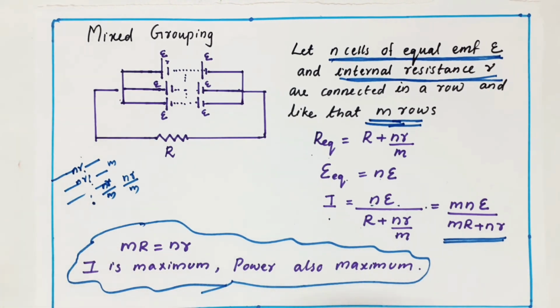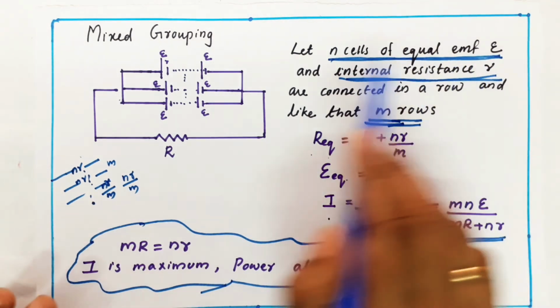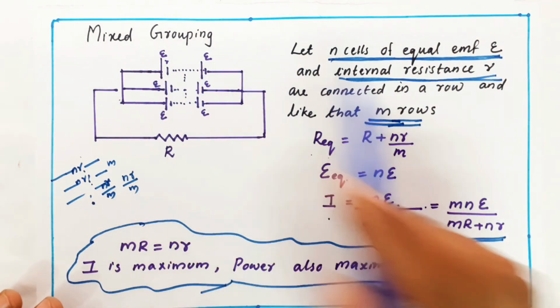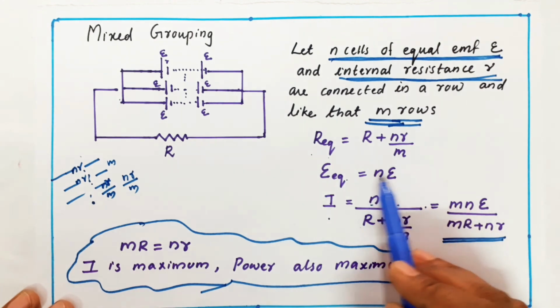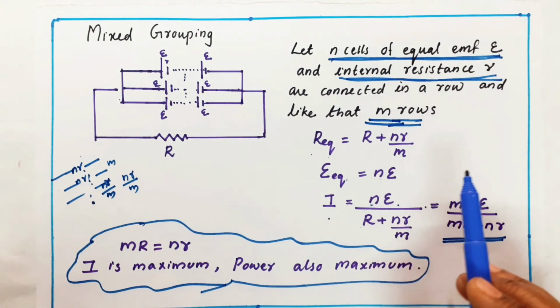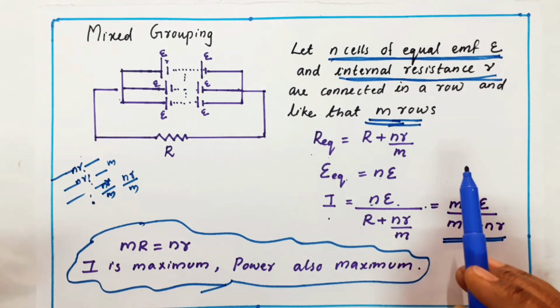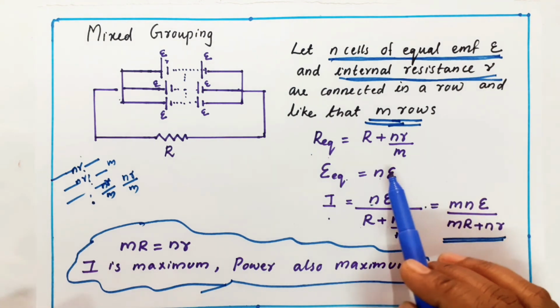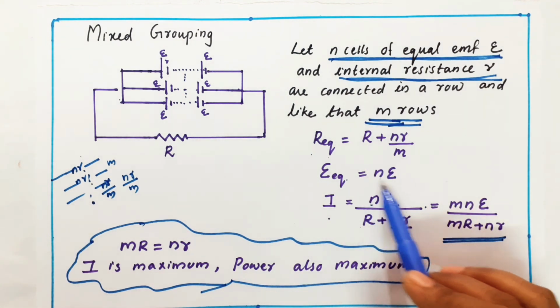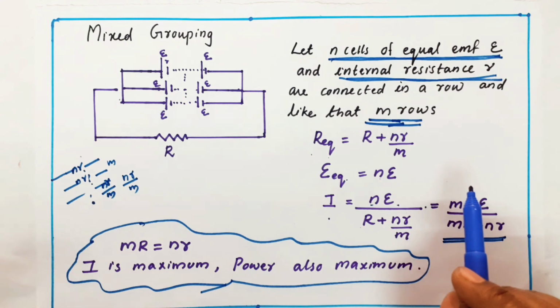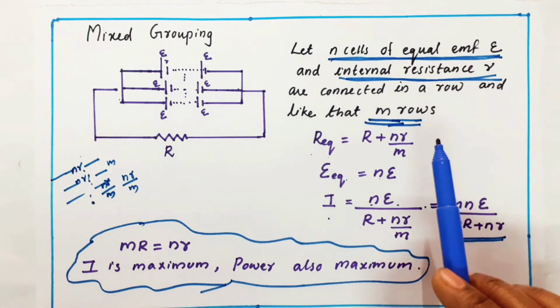So what are the things you should remember? We are using n cells of equal EMF, so in a single row what will be the EMF? nE. With a single row nE, even if you are using m rows, m rows are connected in parallel, so it won't change. It will be nE only. Then only one term will change, that is internal resistance.